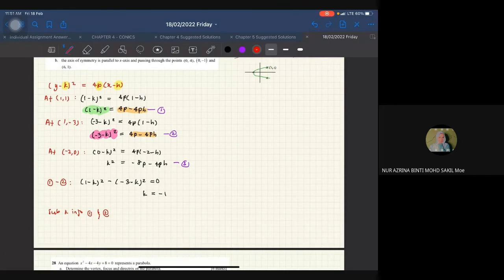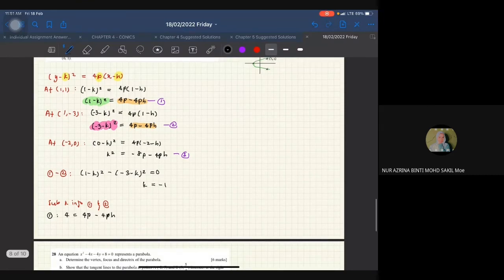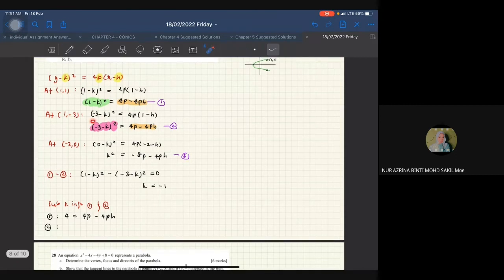Okay, so bila saya masukkan dalam 1, so k is negative 1. So I will get 1 minus negative 1, which is equal to 2. Okay, so 2 square is equal to 4. So I will get 4 equal to 4p minus 4ph. Okay, settle.